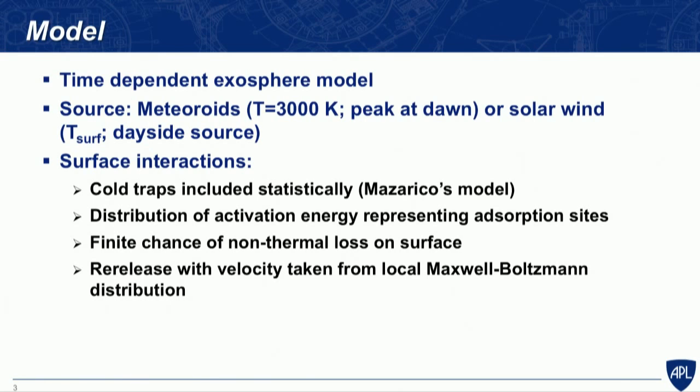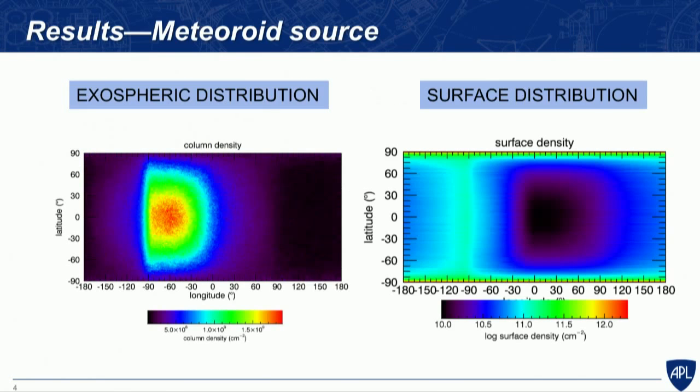The distribution of activation energies used in the model gives various strengths of adsorption sites, and that's something that I can vary in the model. There's also a finite chance of non-thermal loss, and then any particle that gets re-released after it comes in contact with the surface gets re-released with the velocity taken from the local Maxwell-Boltzmann distribution.